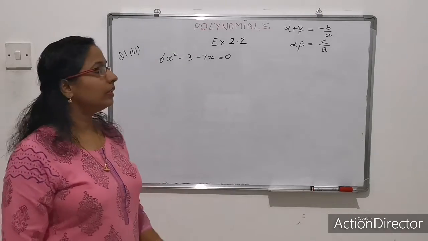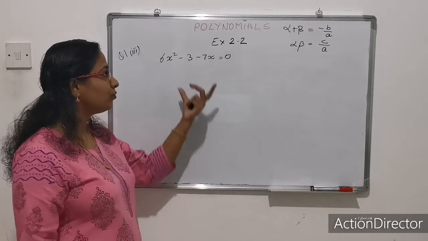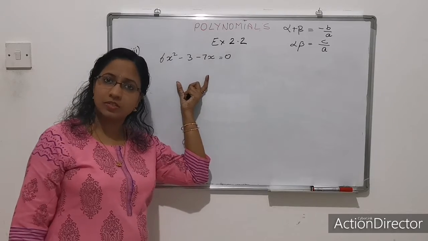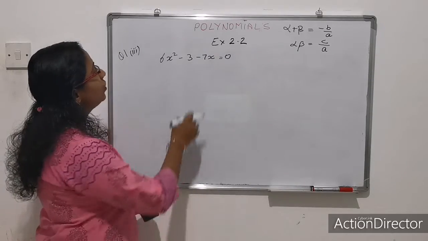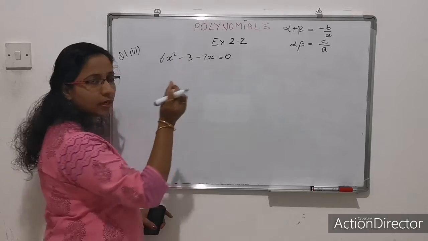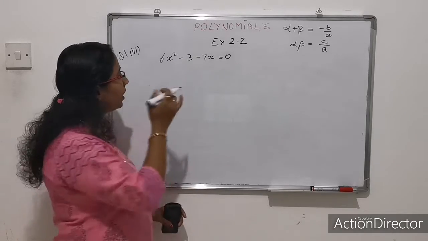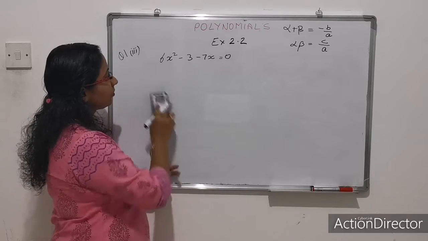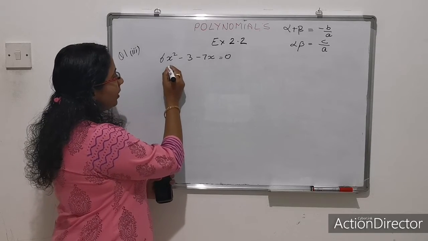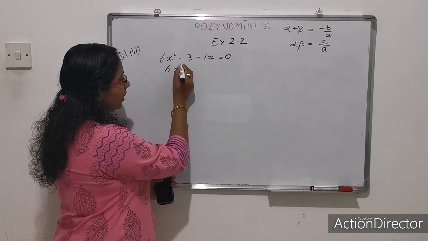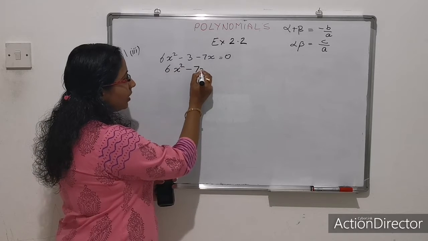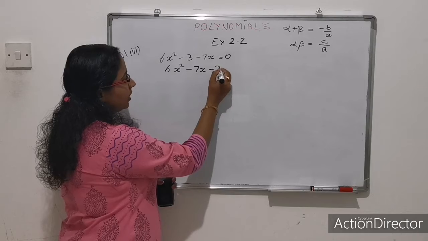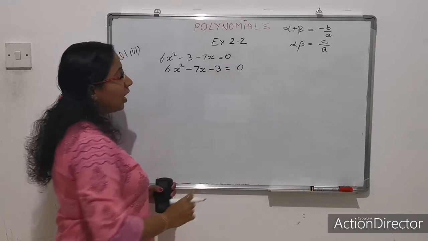Now the first and foremost thing you have to do in this question is arrange it in order. This should be written as 6x square minus 7x minus 3 is equal to 0.